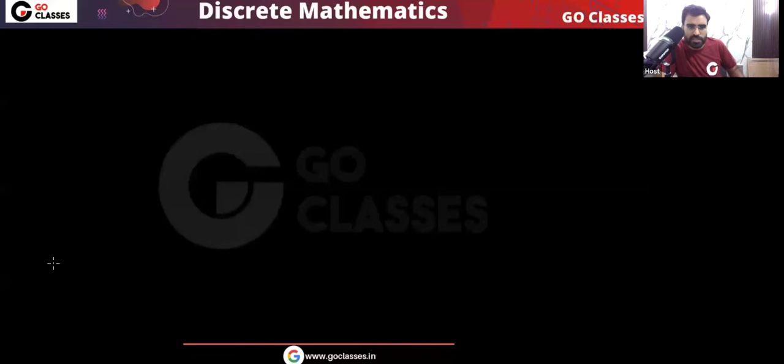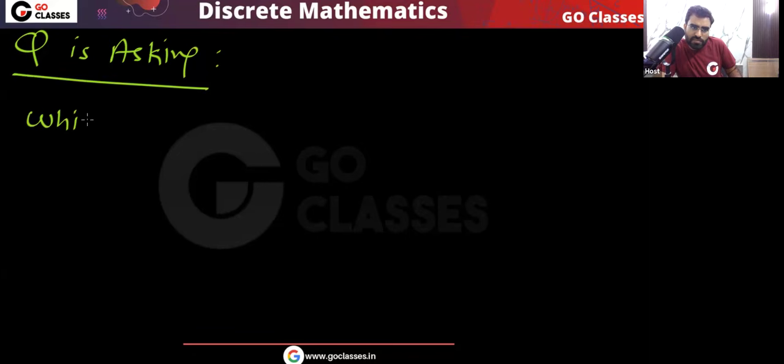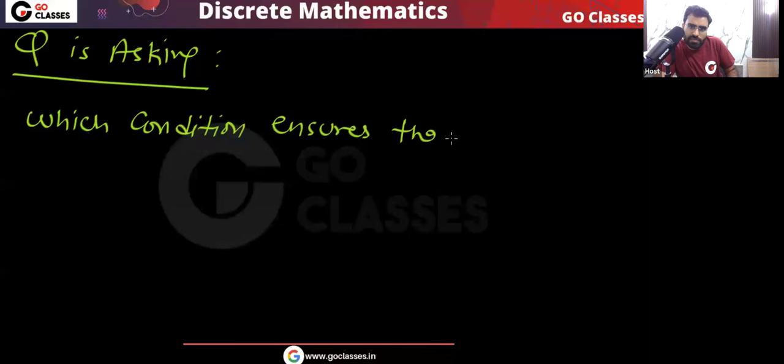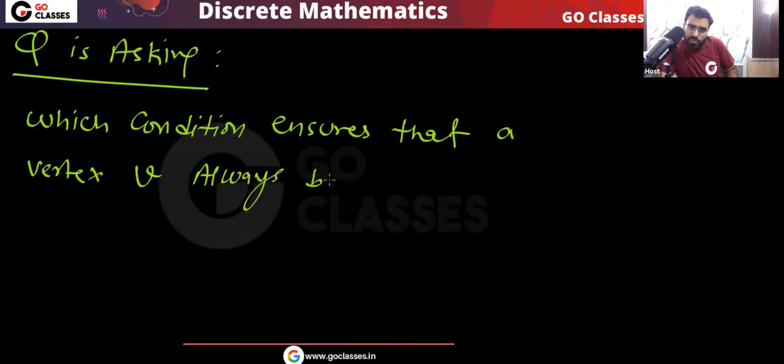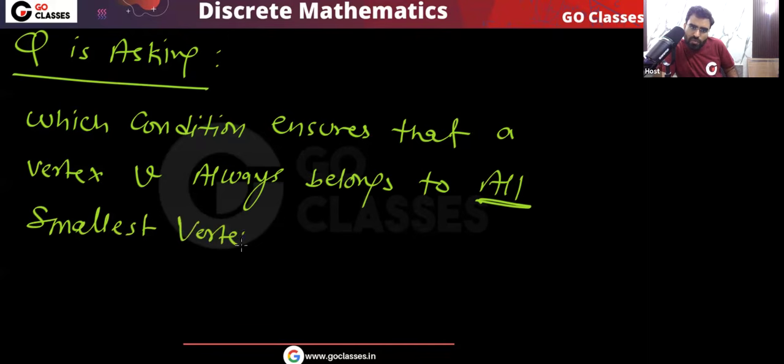I hope you understood. So the question is asking which condition ensures that a vertex V always belongs to all smallest vertex covers of the graph.